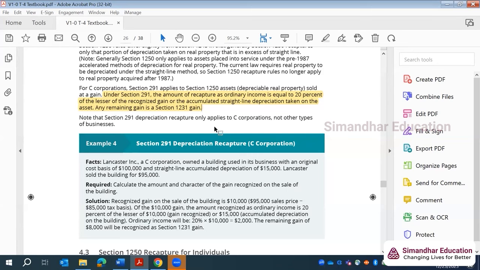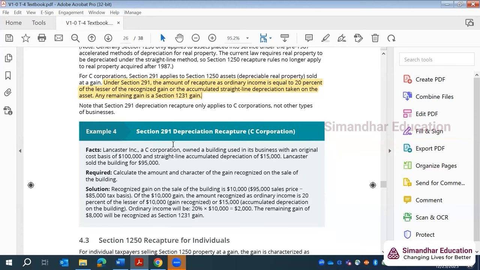You already identified that $3,000 is your Section 291 gain, which is ordinary. Obviously, the remaining is going to be your Section 1231 gain, which will be capital in nature. Okay. Do we all understand this concept now? How is Section 291 applicable?